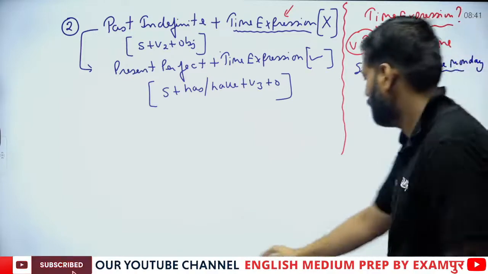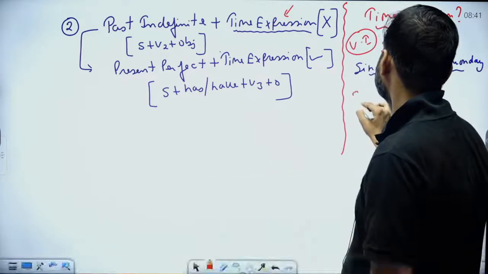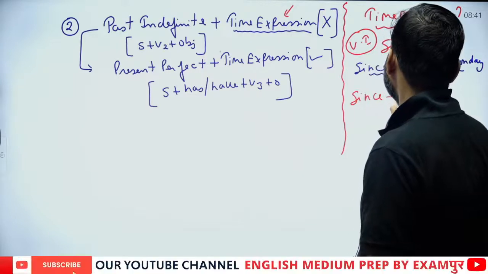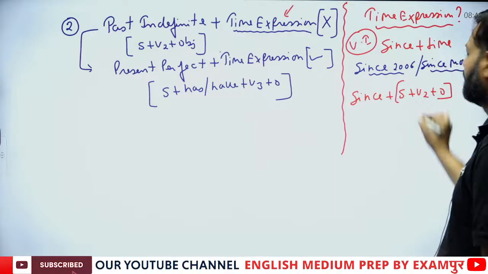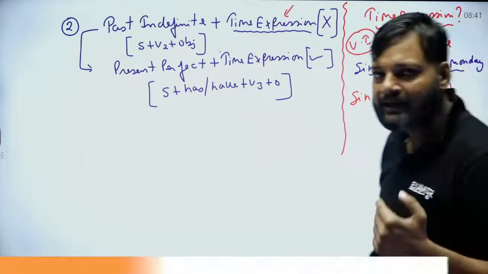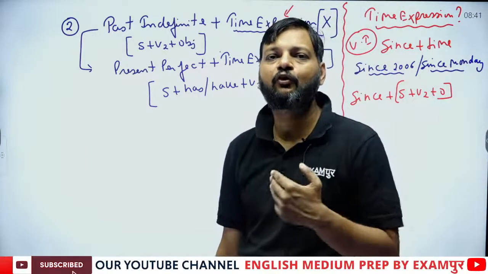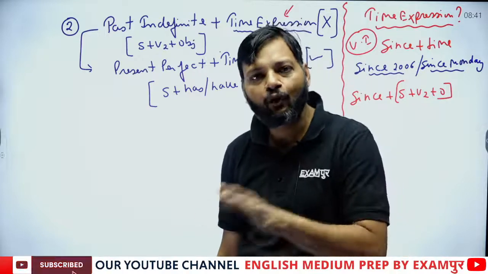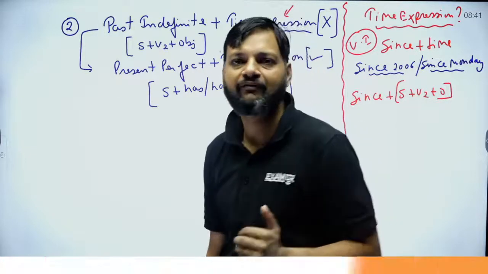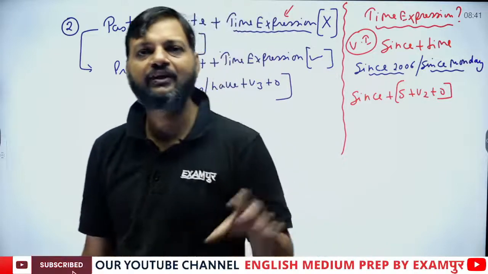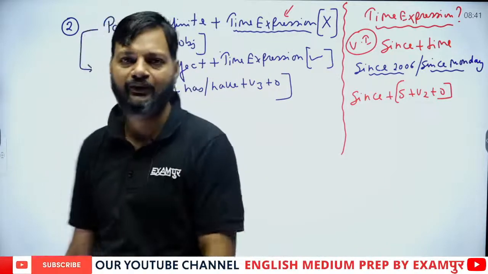Or since plus past indefinite. Always remember that if since is followed by a past indefinite clause, it is also a time expression. Okay, if a past indefinite clause is there after since, it is also a time expression.